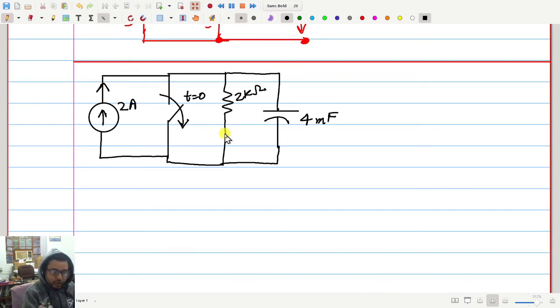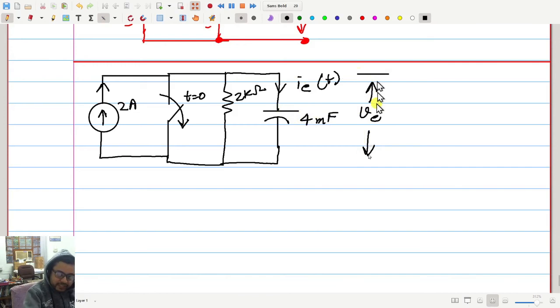We are interested in only this current, call it IC, and this voltage from here to here.